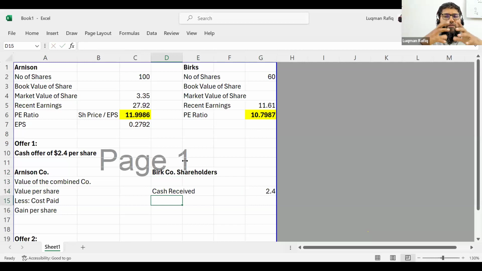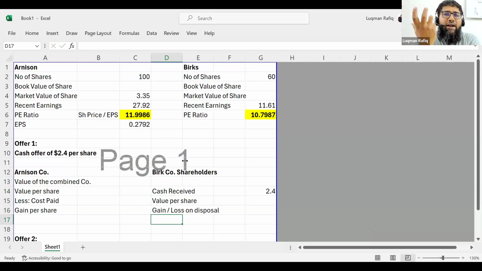They're receiving cash of 2.4. Value per share, gain or loss on disposal. They own the Burks company's shares and they're getting $2.4 per share.